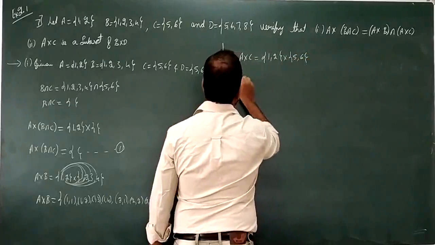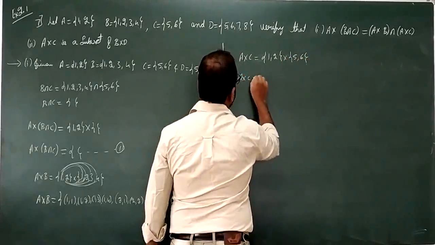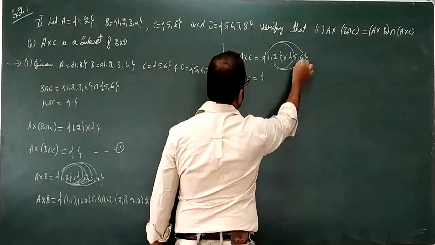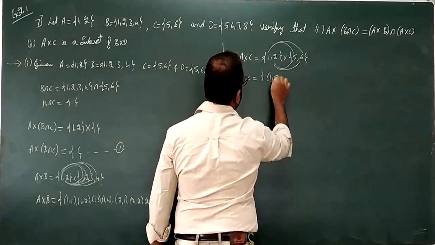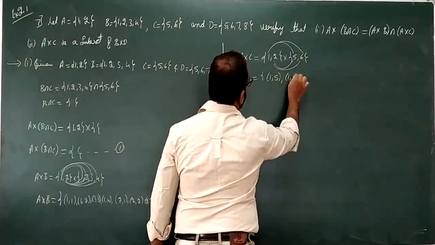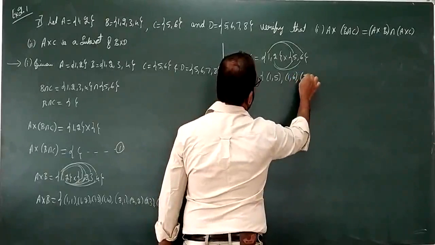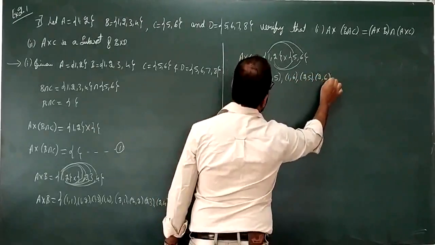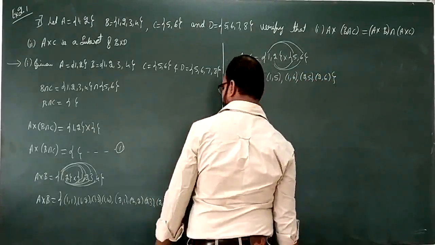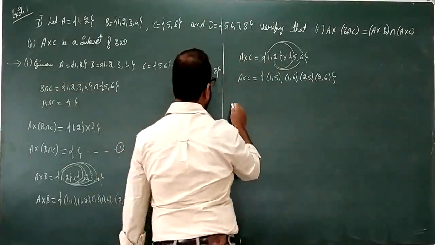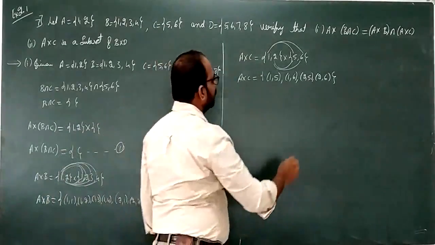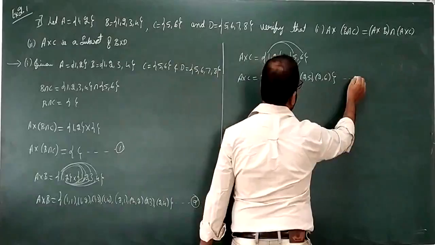That is, Cartesian product of A and C is equal to 1 5, 1 6, 2 5, 2 6. This is the Cartesian product of this one. This is called equation 2, this is called equation 3.